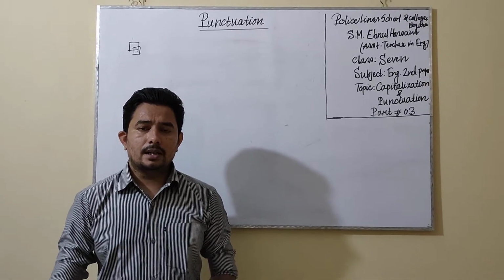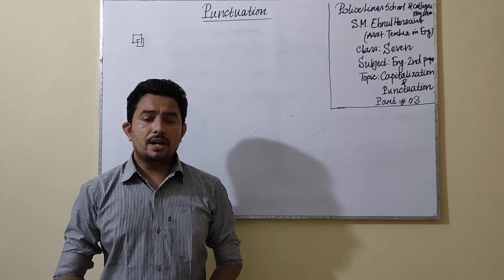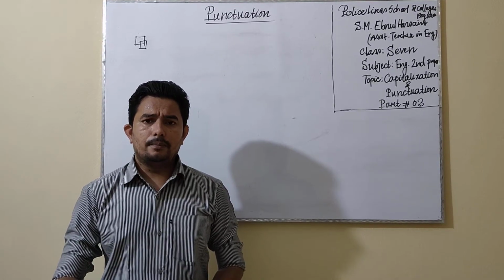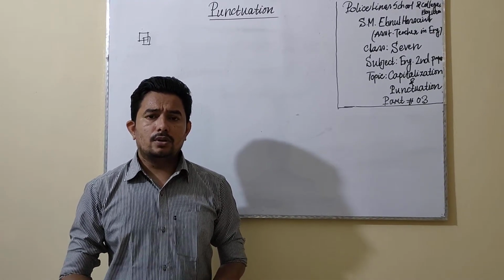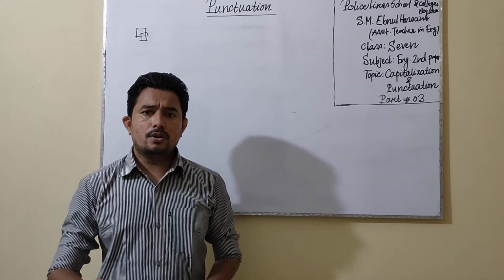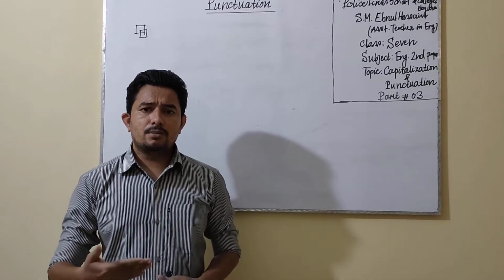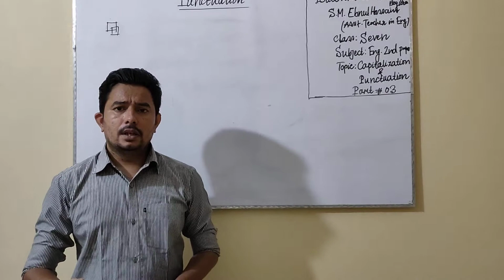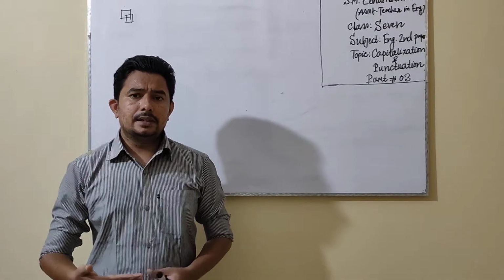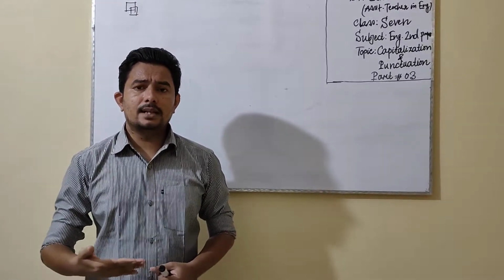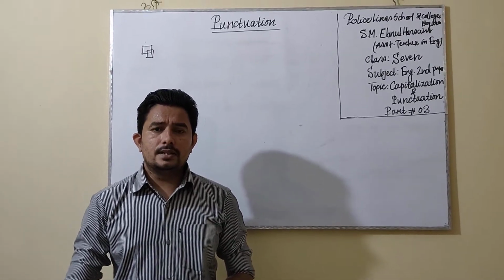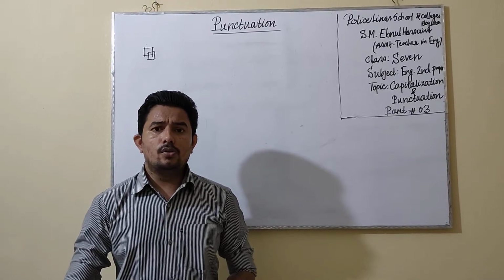And in part 2 we learned some rules of using different punctuation marks: the use of apostrophe, full stop or period, exclamation mark, question mark, and the comma. In today's class, part 3 of capitalization and punctuation, we will discuss some more punctuations.